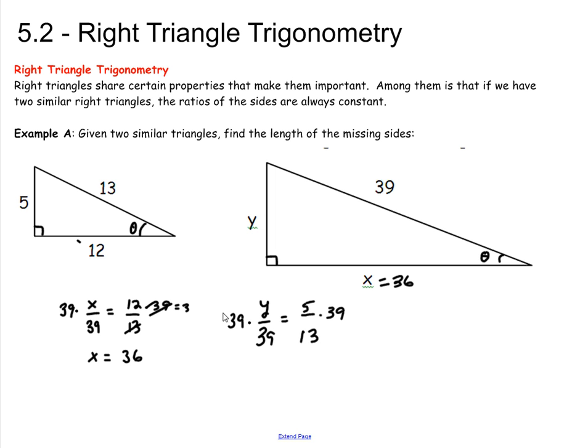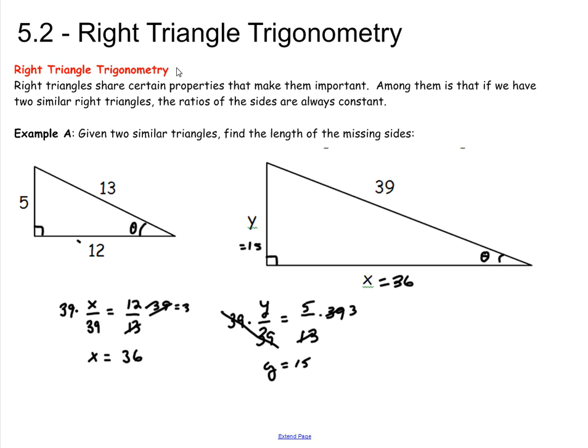And through division right here, we note that 13 divided into 39 is 3, and 3 times 5 is 15. So our length here would have to be 15 to make this work. So similar triangles, we know how to do this. If you've ever done any studying for algebra, we've done this in all kinds of places before. So none of this is actually new.